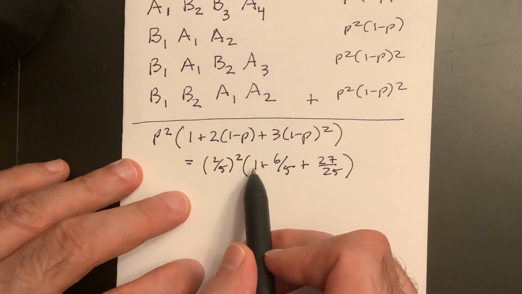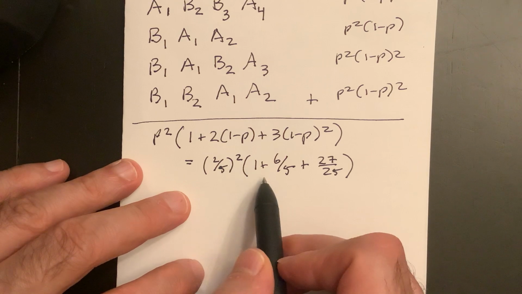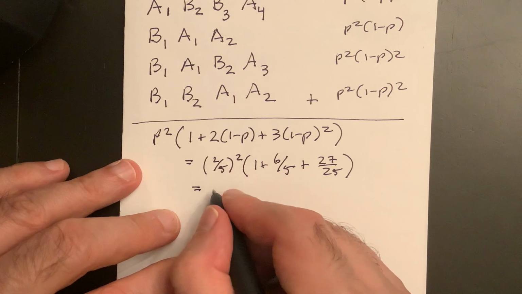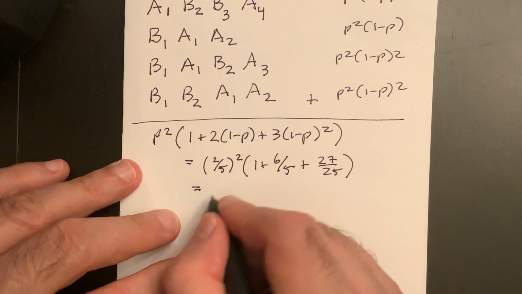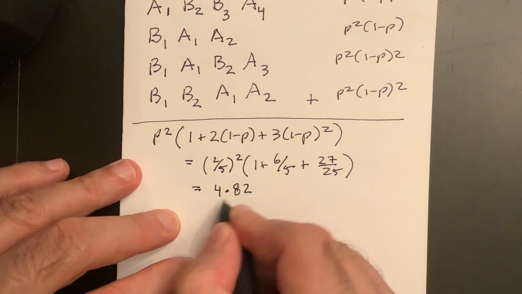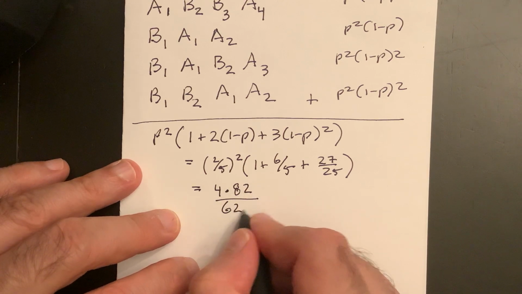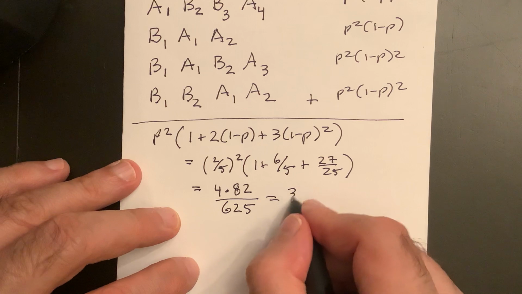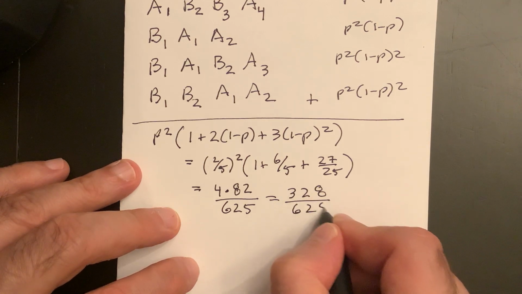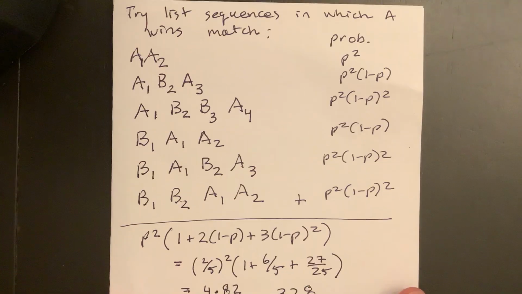I get 82 25ths. So I have 4 times 82 over 625. This is 328 625.